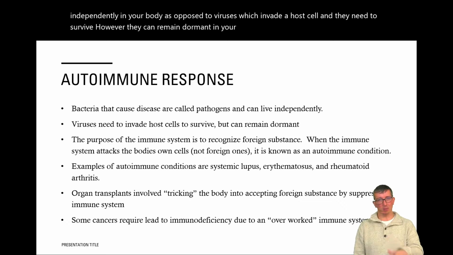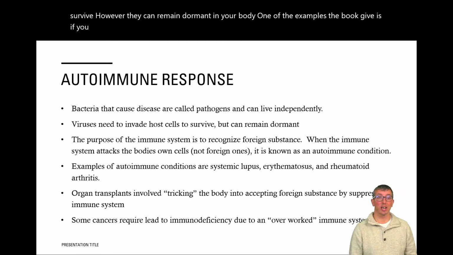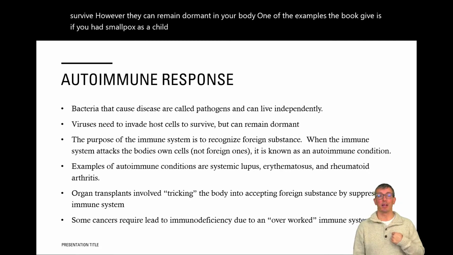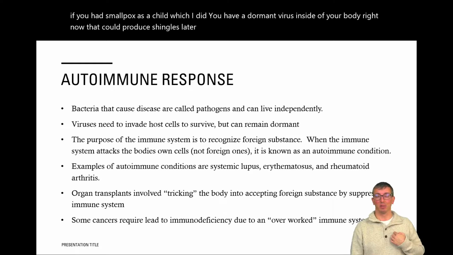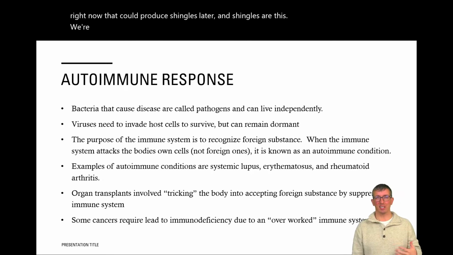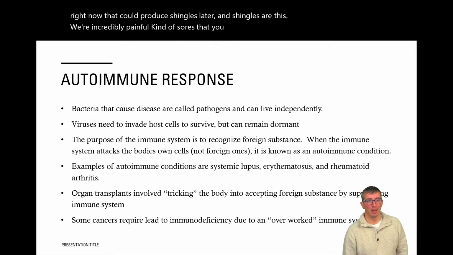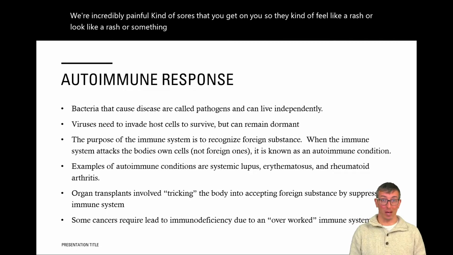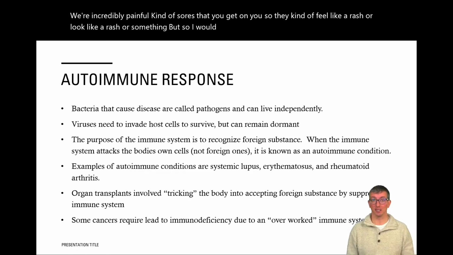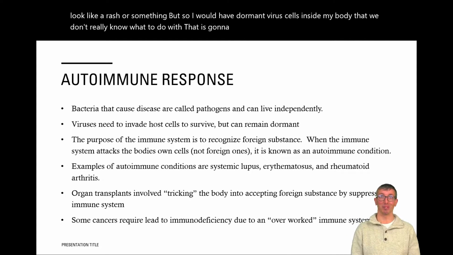One of the examples the book gives is if you had chickenpox as a child, which I did, you have a dormant virus inside your body right now that could produce shingles later, and shingles are incredibly painful sores that feel or look like a rash. So I would have dormant virus cells inside my body that are going to pop up someday and be really annoying.